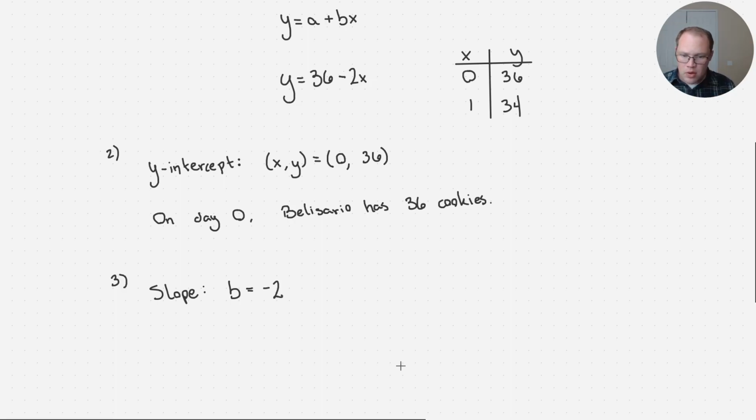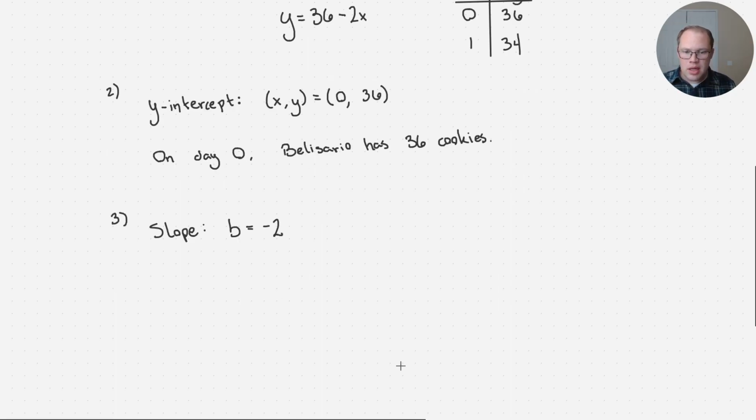Okay? What does a negative slope mean? Negative slope means that as you go on, you're going downhill. Left to right, you go downhill, right? Which means the line has a downhill. The line is going downhill left to right.